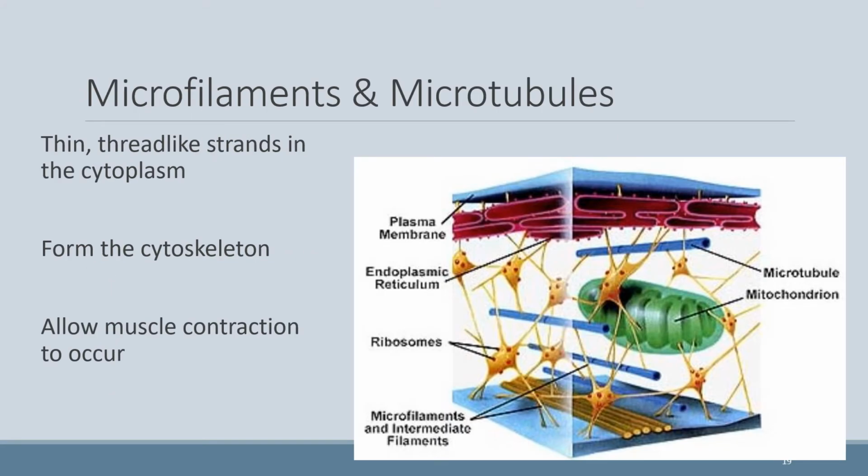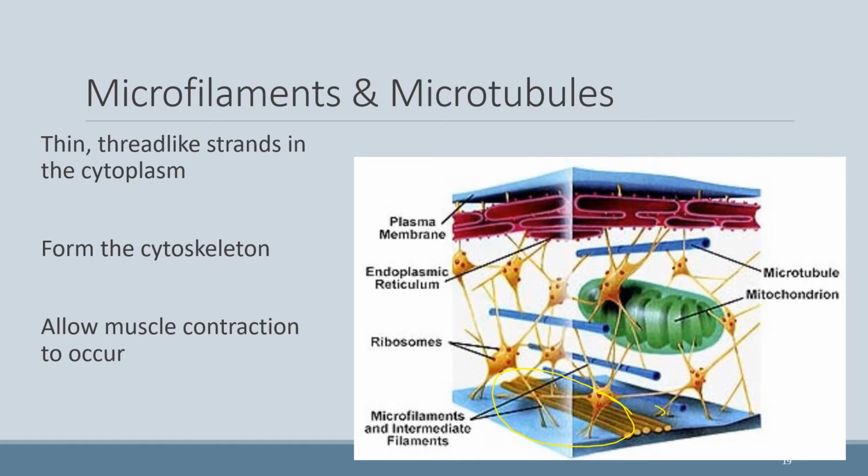Okay, so we have these microfilaments and microtubules that are thin, strand-like items within the cytoplasm. They're going to form this cytoskeleton. They will also allow our muscle contractions to occur. So again, here you can see some of those intermediate fibers and filaments.